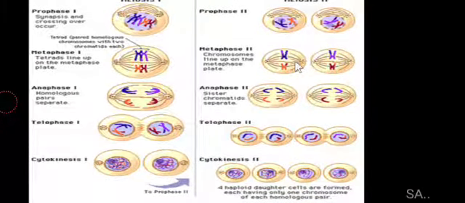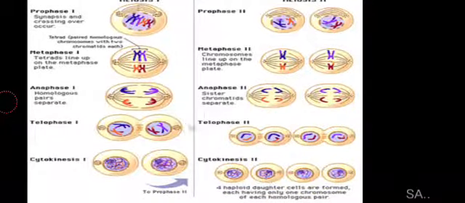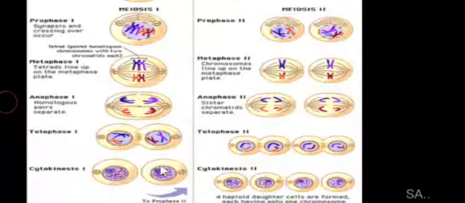You can see, dear students, here that the chromosomes are dissolved here. But once the cell enters meiosis 2, its first phase is prophase 2. So here you can see this chromatin material will start condensing itself and the chromosomes will appear like this.